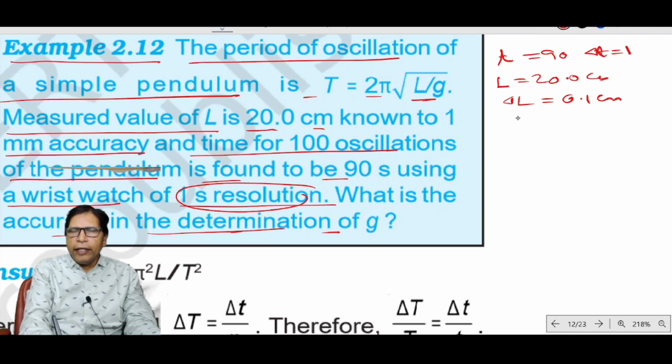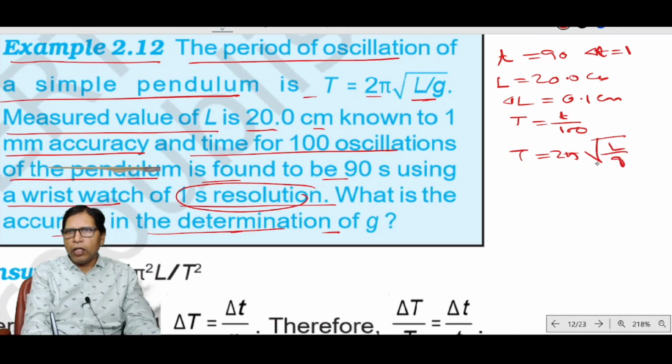Now the time period T is t by the number of oscillations, which is 100. T equals 2 pi root under L by g, so T square equals 4 pi square L by g. So g equals 4 pi square L by T square.